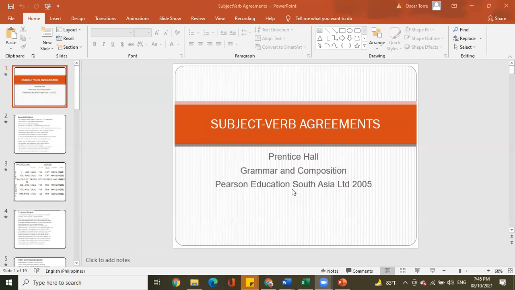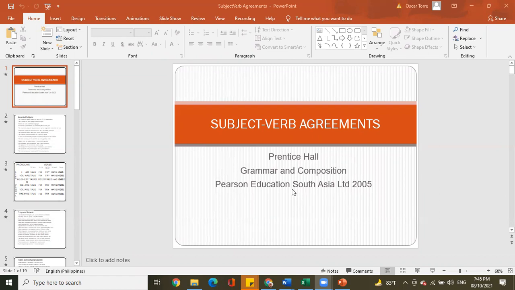Just to give you a background, in linguistic study, subjects or nouns are generally viewed as male, and verbs are viewed as female. The reason why we have subject-verb agreement is because language evolved from the human mind. It did not evolve from the mind of a dog, or a whale, or a monkey.